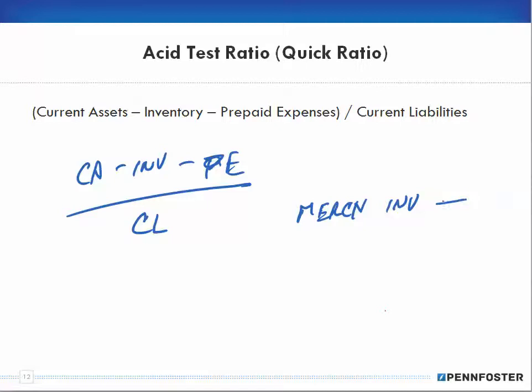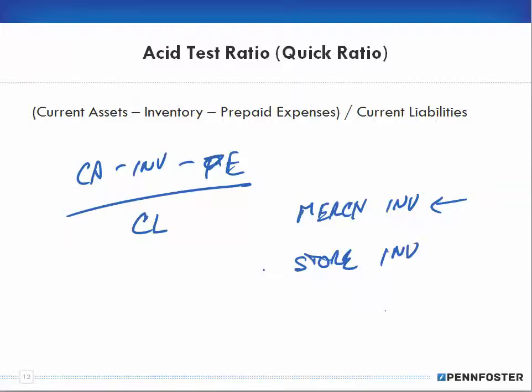Merchandise inventory being what we sell, okay? But what happens if we don't have merchandise inventory? What if we have store inventory of some sort, like office supplies, okay? That may or may not be included as part of your current assets, okay?